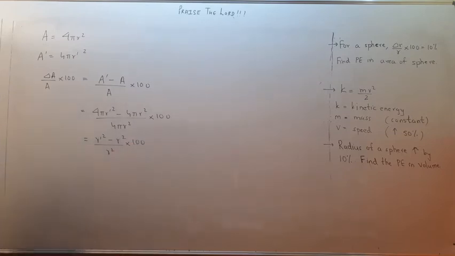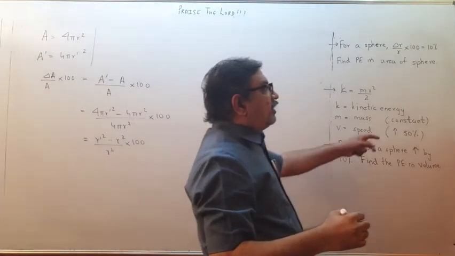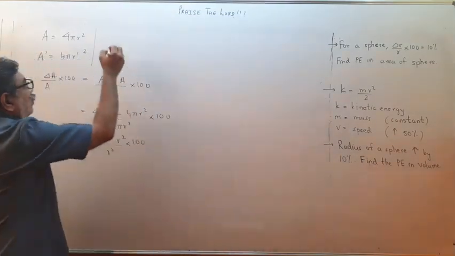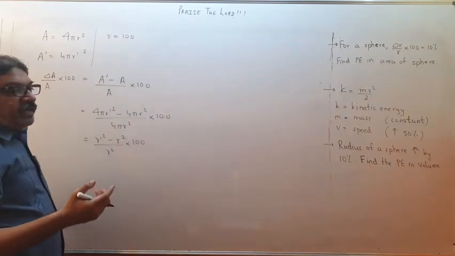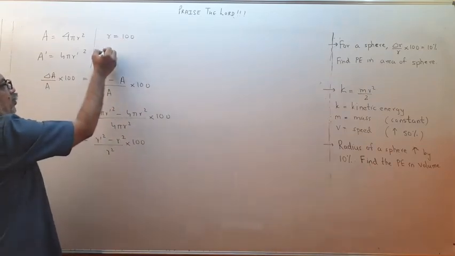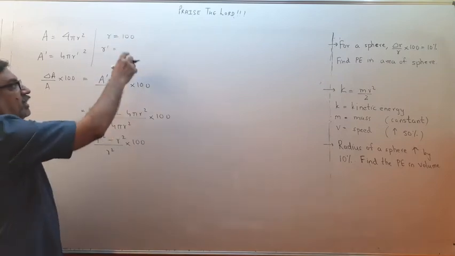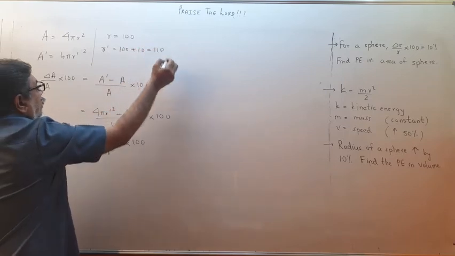I don't know the old radius and new radius. Children, please understand. The percentage change in radius is given to me as 10%. So in such cases, always assume the initial value is 100. If it will increase by 10%, what will be the new value? What is 10% of 100? 10. Increase 10, so it becomes 100 plus 10, that is 110.